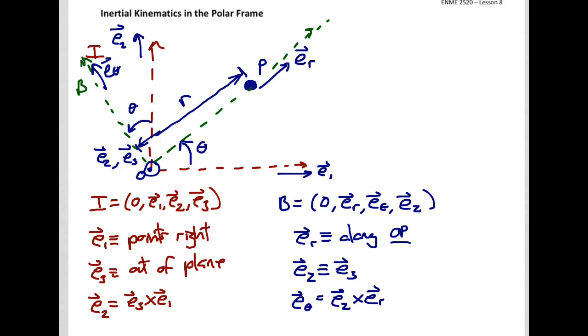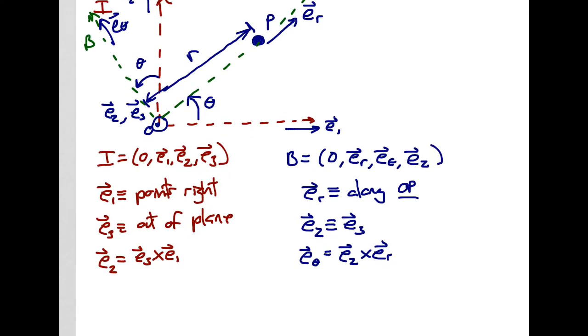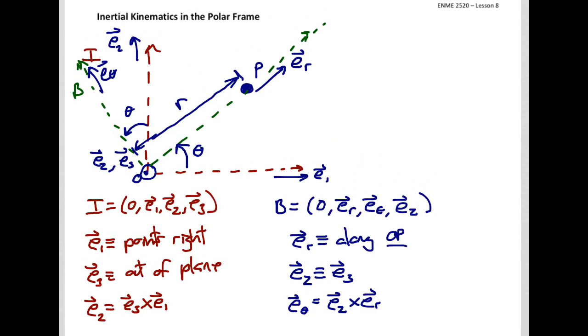One of the nice things about using a polar reference frame is the ability to define the position of the point P. You can see here that the position vector of P with respect to O is simply going to be r, the scalar, multiplied times, or in the direction of, E sub r. And so that's really nice and easy to do.